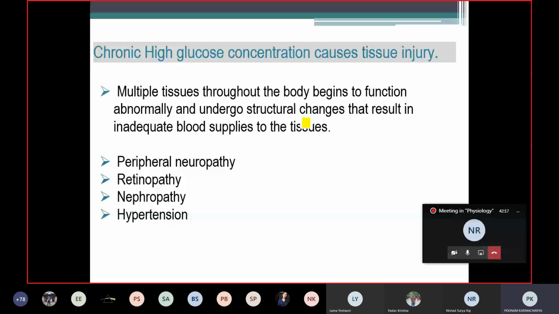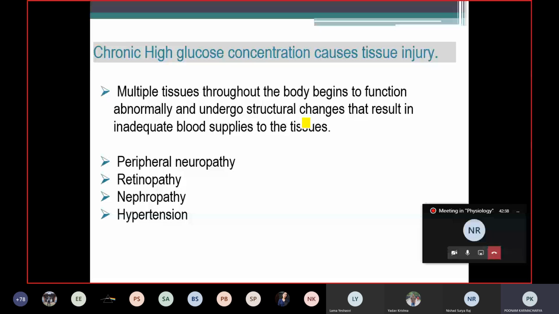And also you can see hypertension. Hypertension is basically secondary to nephropathy, where there is poor renal filtration that will lead to activation of the renin-angiotensin system and finally inducing hypertension.